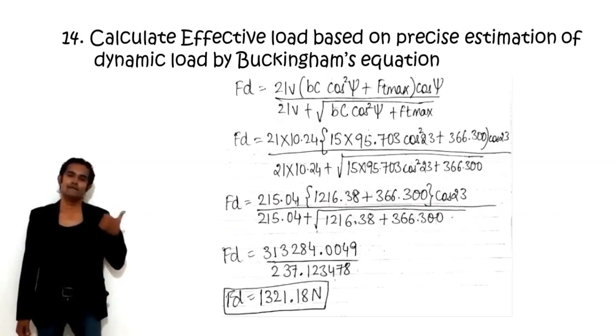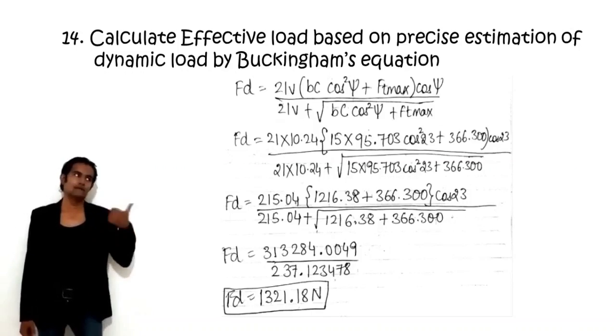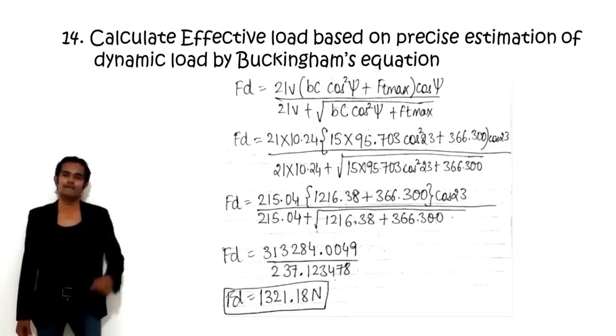You have to use the proper BODMAS rule: bracket, division, multiplication, addition, subtraction. So you will get the answer as 1321.18 Newton dynamic load.